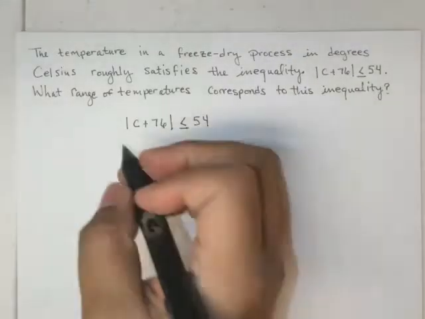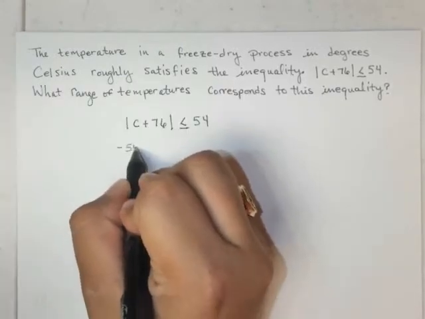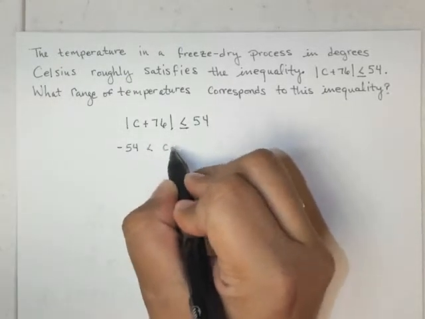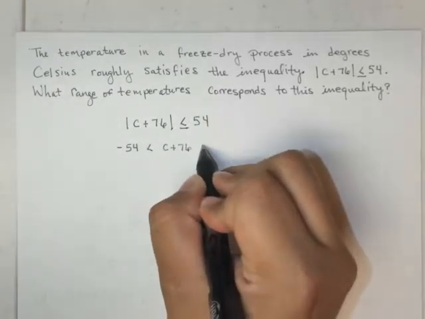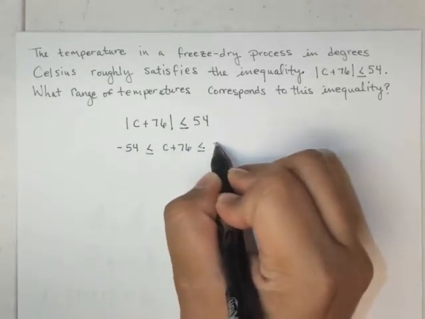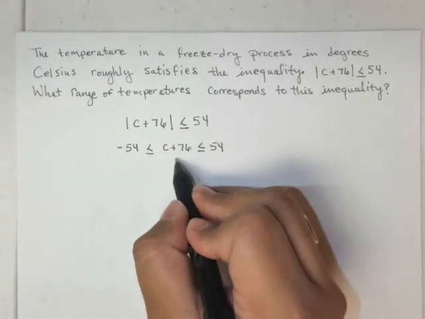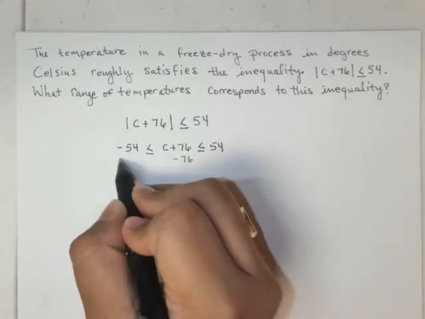So in this case, we have negative 54 less than or equal to c plus 76, and that will be less than or equal to positive 54. And so what we're going to do next is simply subtract the 76.